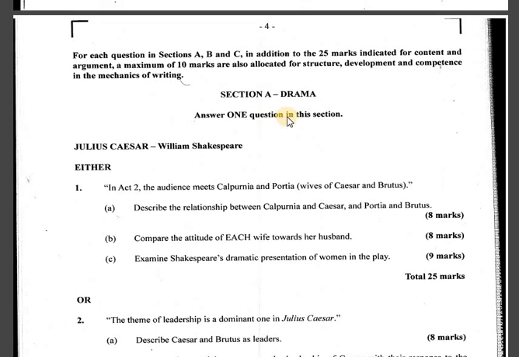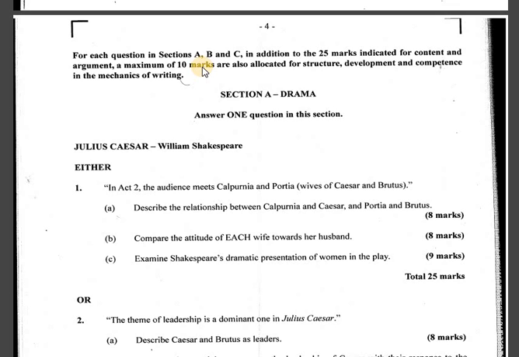So drama, answer one question. As I said, once you read the exam paper correctly, you should not make any mistakes. So at the top, it tells you that 25 marks is for content and 10 marks is allotted for the structure, the development, and the grammar, right?